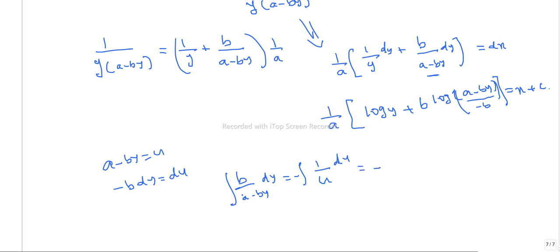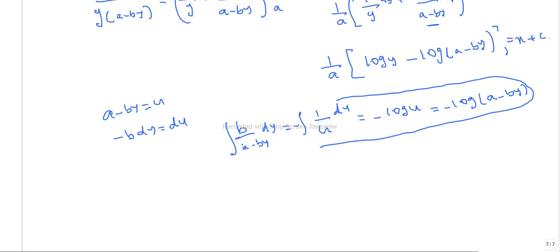So this is nothing but minus log u, that is minus log of a minus by. Anyway, we can cancel this b. So if you change variables, the integration of this value is nothing but minus log of a minus by. Now log a minus log b, therefore we have log a by b.